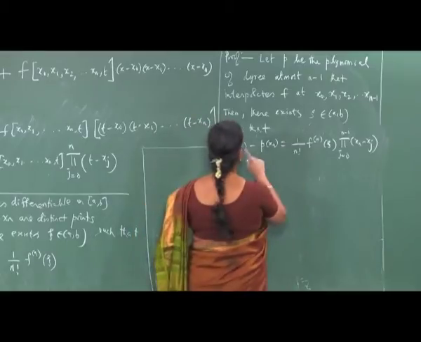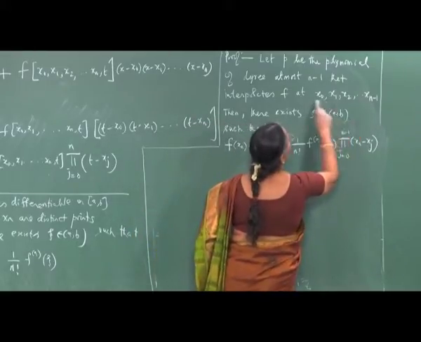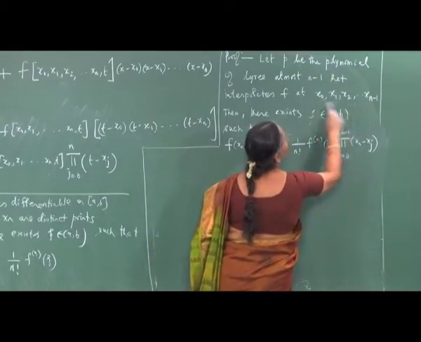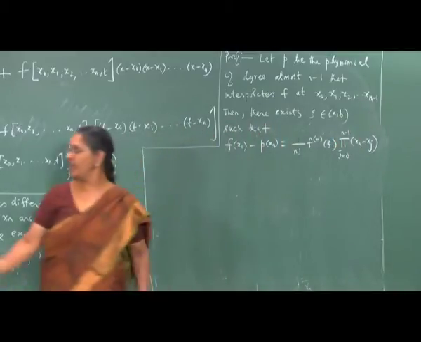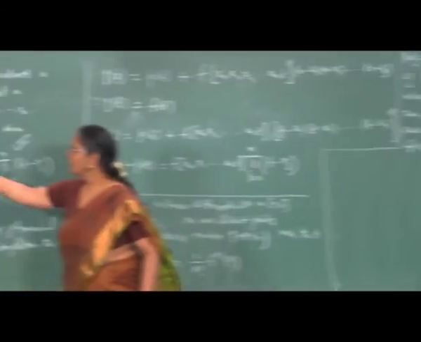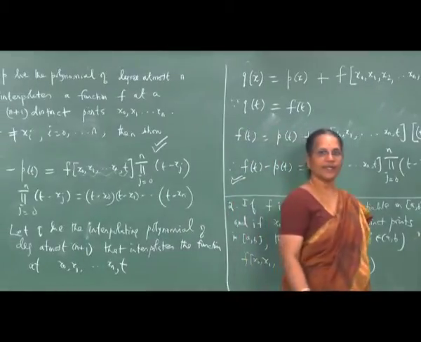So, this xn is not one of the points in this list. Here t is not one of the points in that list.